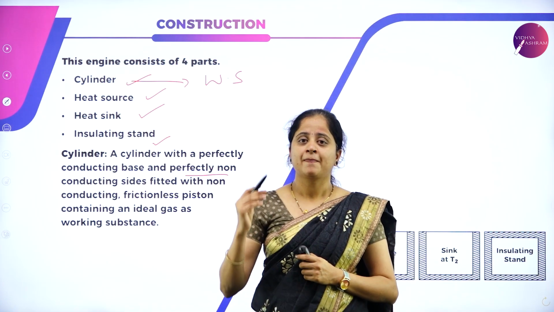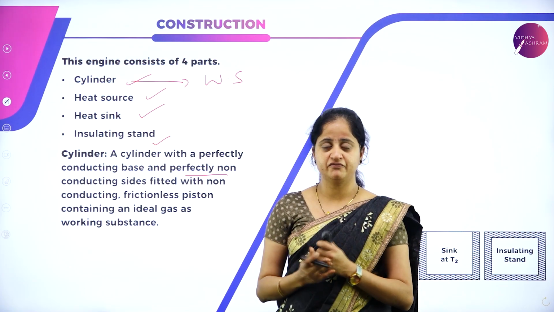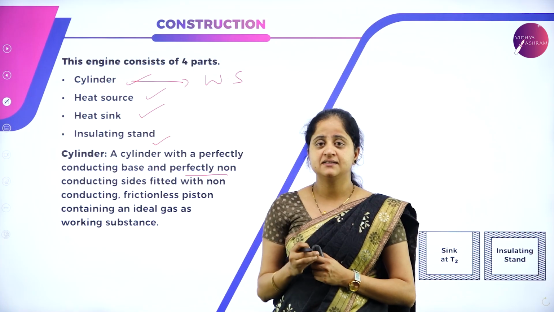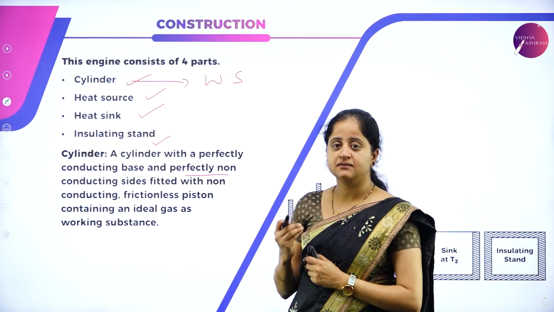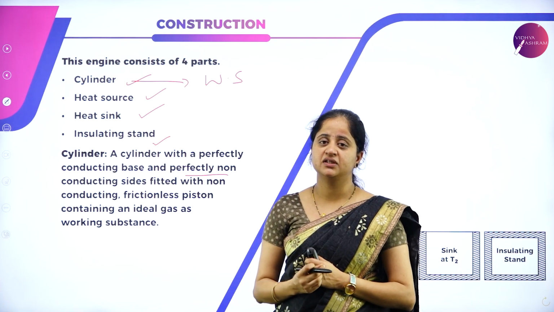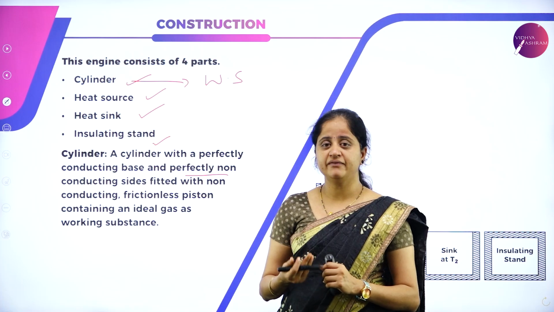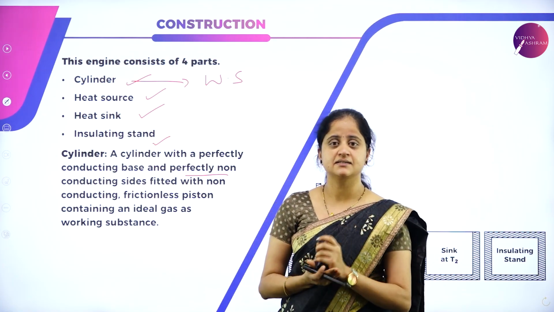As I said, the Carnot engine is an ideal heat engine which is free from friction, and here the cylinder will contain an ideal gas, and is fitted with a piston without friction or any imperfection. The cylinder will have a conducting base to extract the heat and insulating side walls.